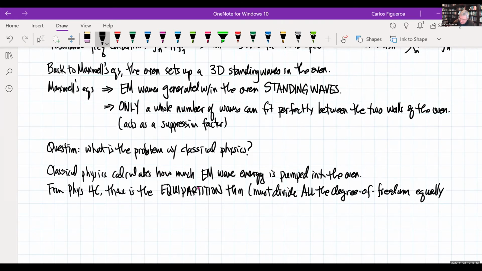And in this case, equally to all wave modes. It must divide the energy equally between all wave modes, regardless of the wavelength.